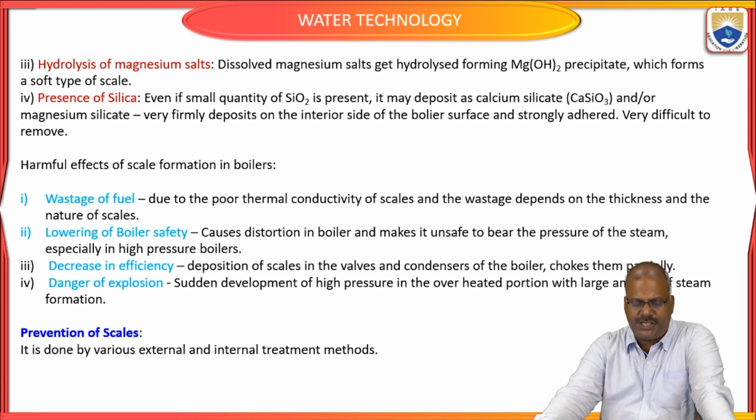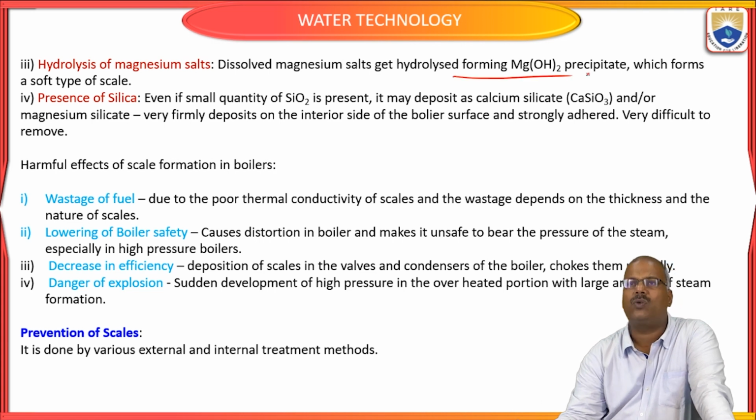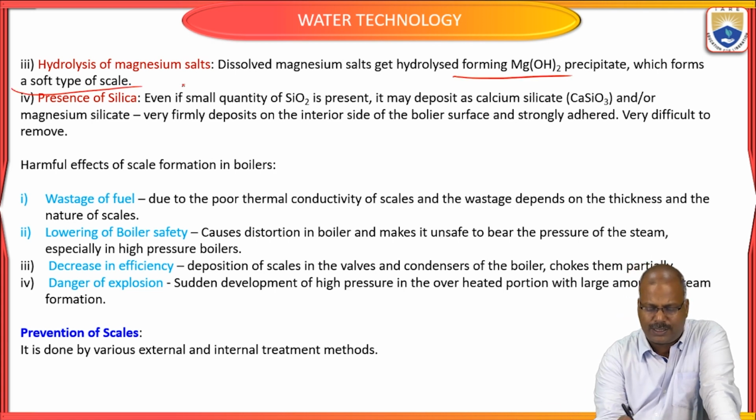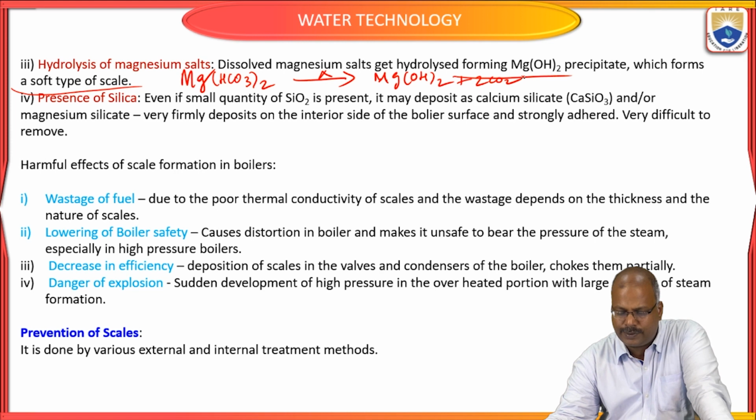Hydrolysis of magnesium salts. Dissolved magnesium salts get hydrolyzed, forming magnesium hydroxide precipitate, which forms a soft type of scale. For example, magnesium bicarbonate, when heated, converts to magnesium hydroxide plus 2 CO2.